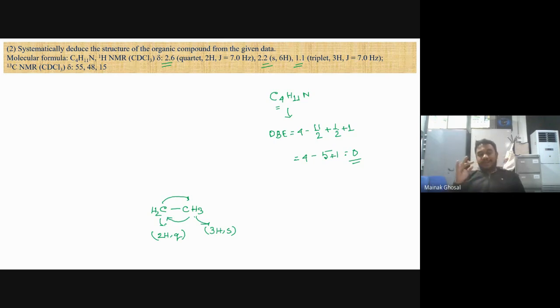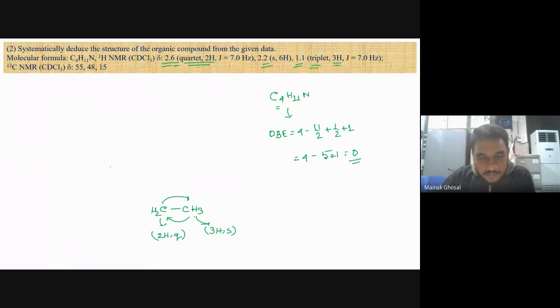So if you see in any spectrum a 2 hydrogen quartet and a 3 hydrogen triplet with the same coupling constant, and that's not very high, you can guess there is an ethyl group, as I discussed in the last module. Here for this one there is a value of 2.6, which is a 2 hydrogen quartet, and the same thing is there, a 3 hydrogen triplet.